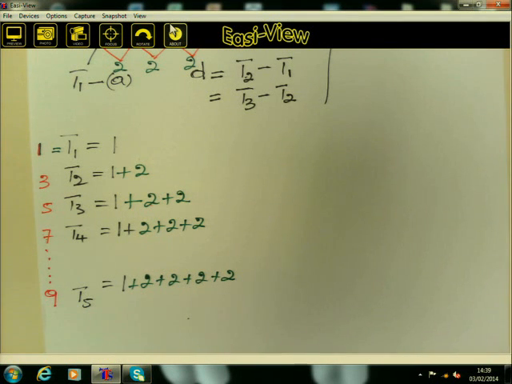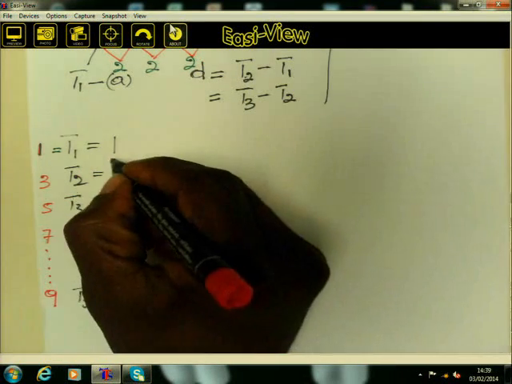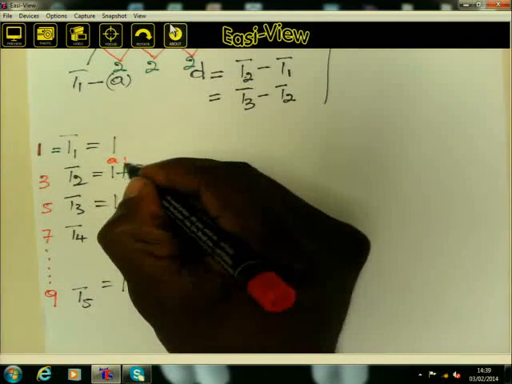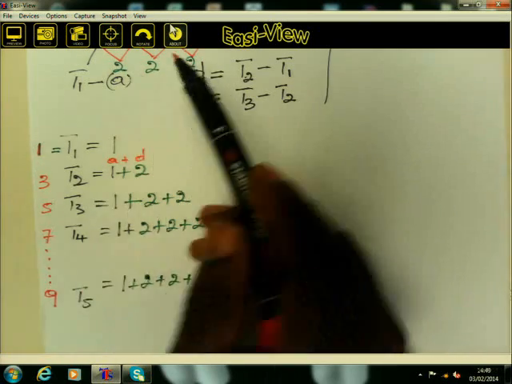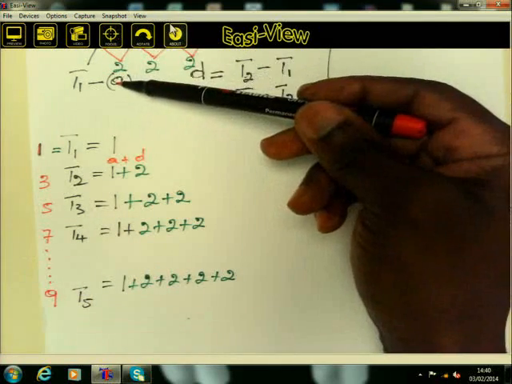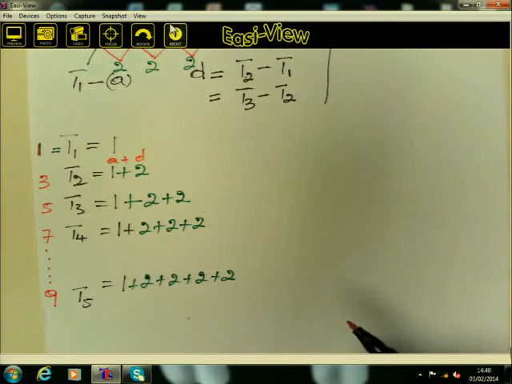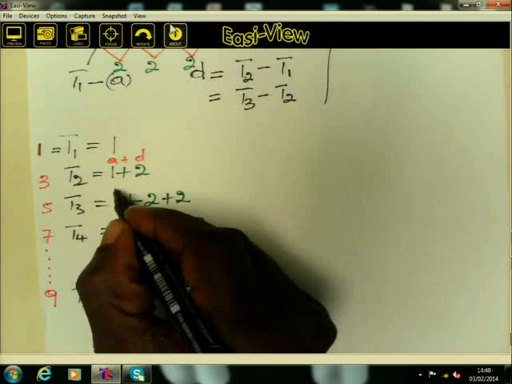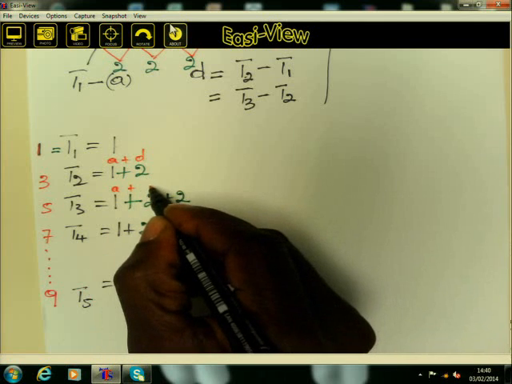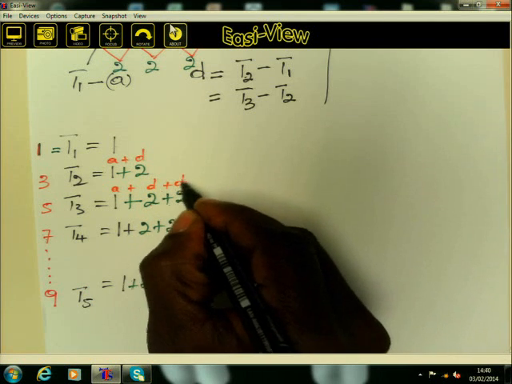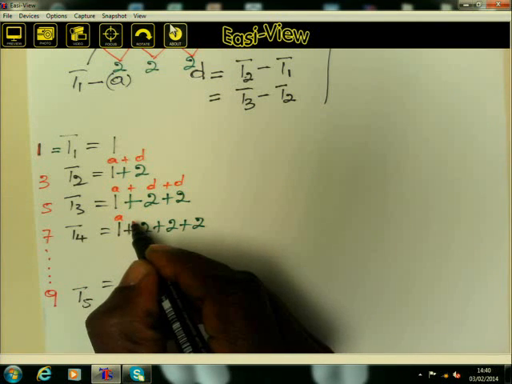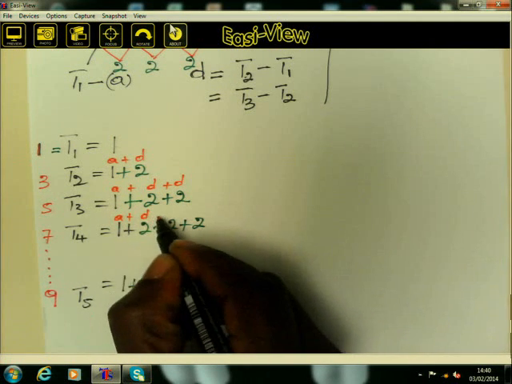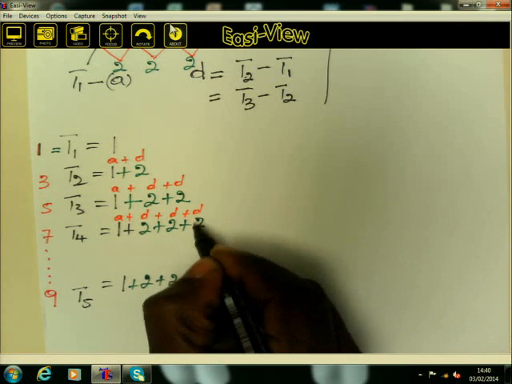But now it means we can say that one represented by A adding the difference. If we write this in terms of what we said, the first term was represented by A, and that is nothing else but the common difference. In this one, it will be A plus the difference and the difference. The same thing is, we continue with that one and say that will be the first term A added to the difference, and another difference.